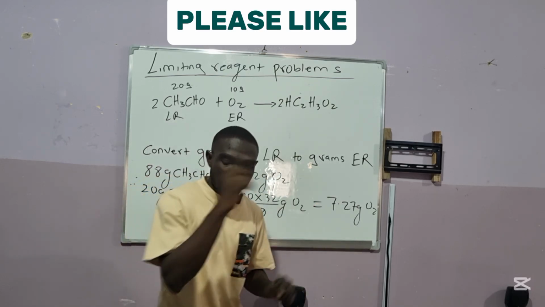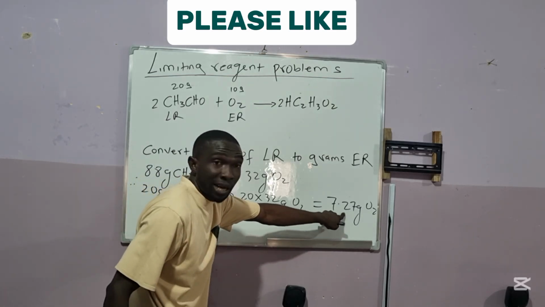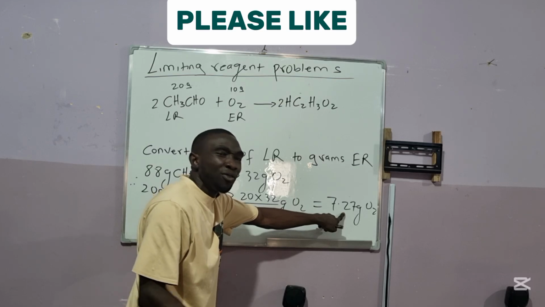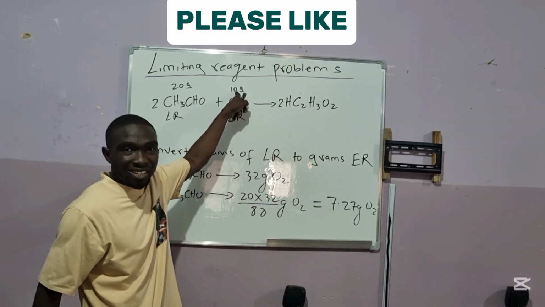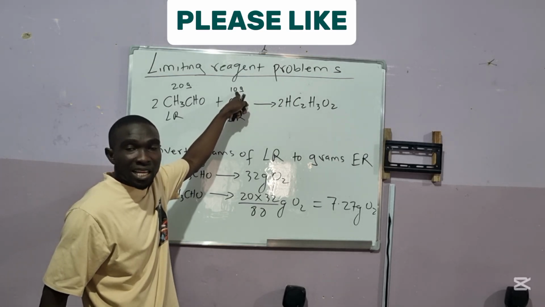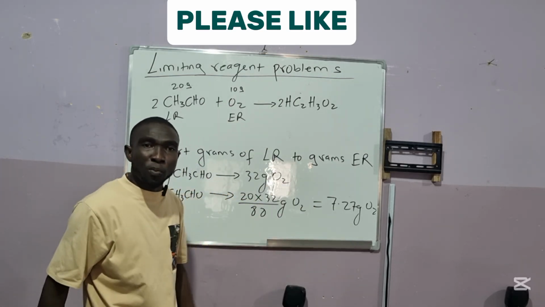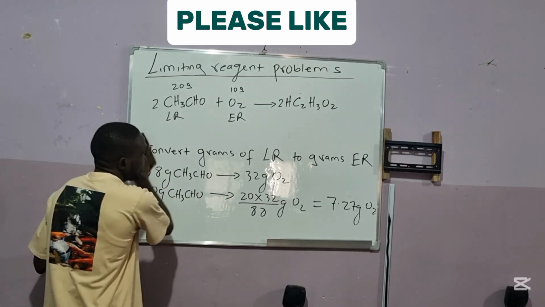Am I communicating? Let's check this out. We know that 7.27 grams of oxygen gas was consumed in the reaction. So what amount of oxygen was not consumed? Remember, the total amount was 10 grams. Out of 10 grams, 7.27 was consumed, so the rest was not used.